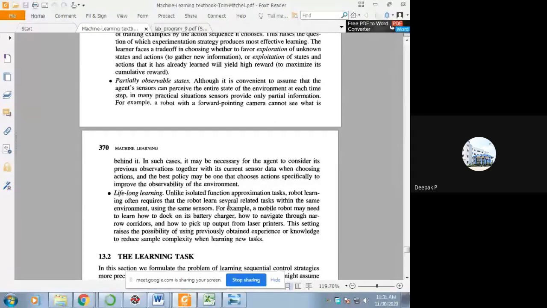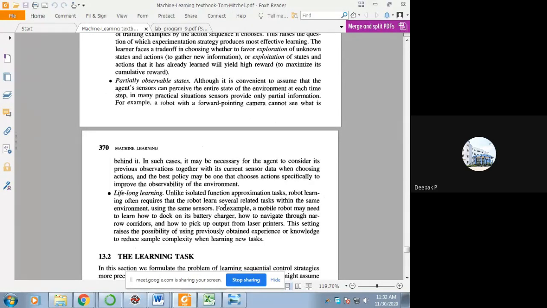So the last one is lifelong learning. These types of tasks or aspects will be applied only for isolated functions or separate approximation tasks. For example, a particular robot may need to learn how to dock a battery charger. Suppose your mobile battery is getting low, around 10%, and you are not at the place. Automatically the robot has to pick up the phone and plug it into your battery charger.